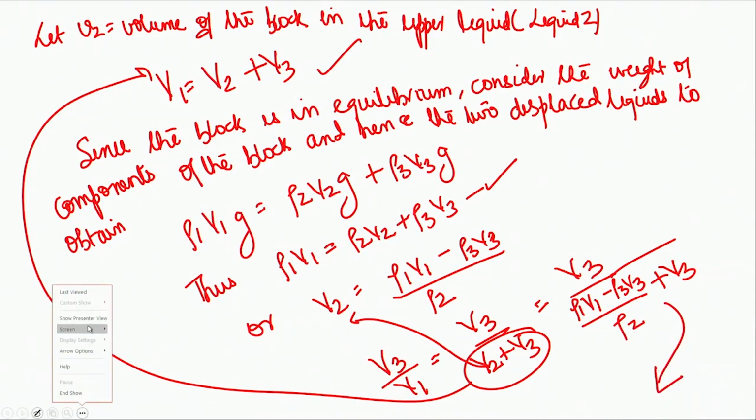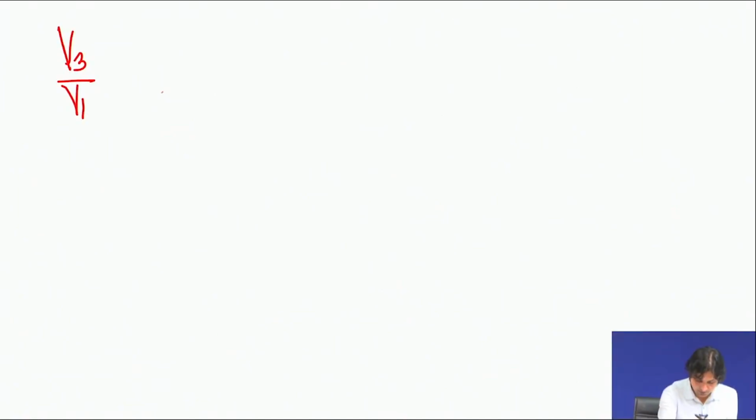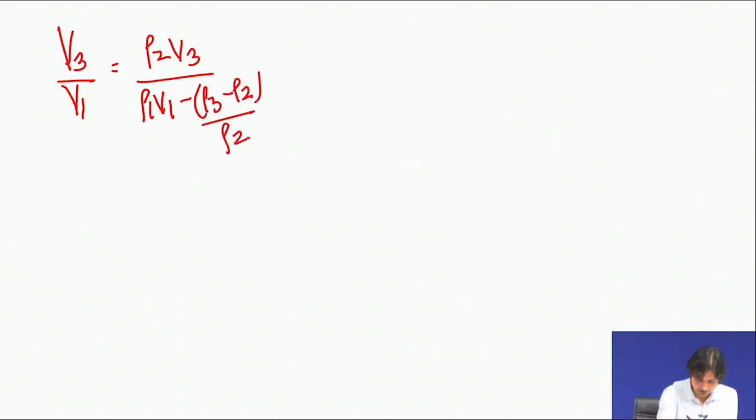So I am going to the white screen. Okay, so V3 by V1 is going to be rho 2 V3. We are just simply expanding this: rho 1 V1 minus rho 3 minus rho 2, divided by rho 2.